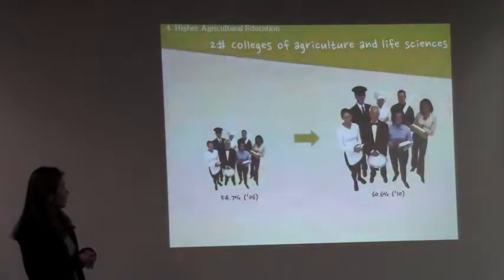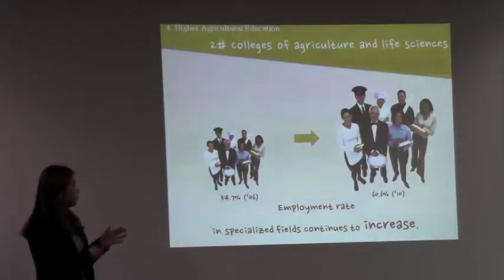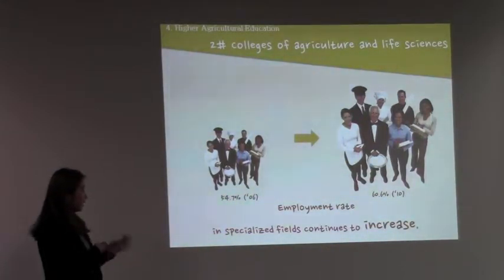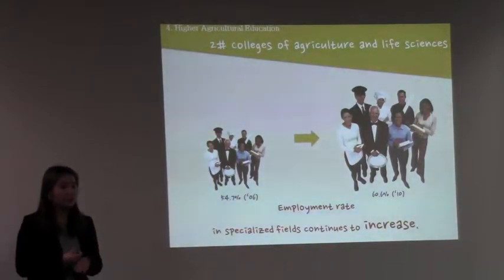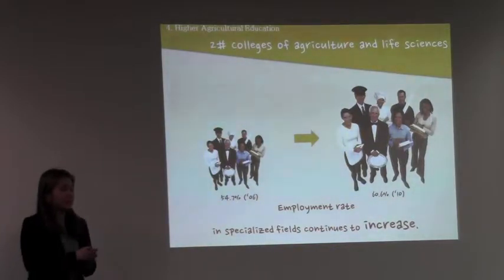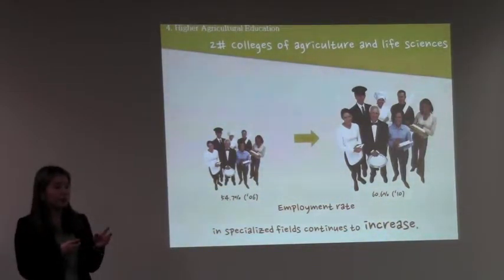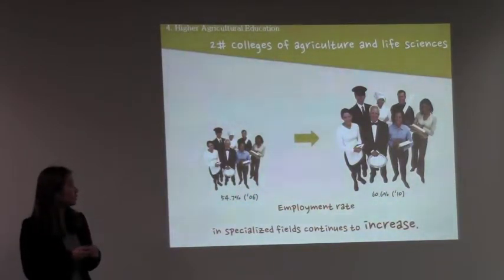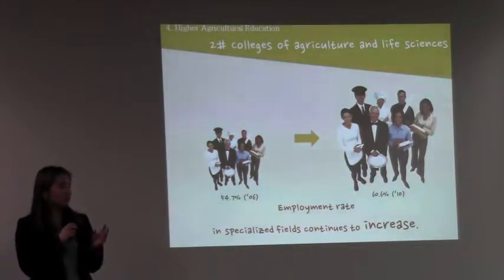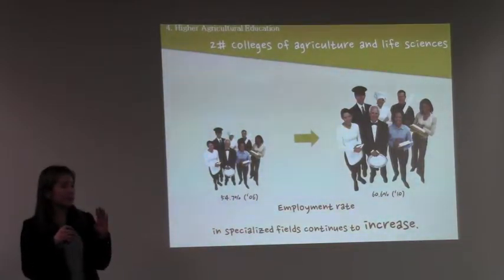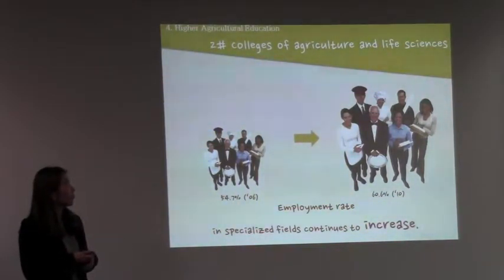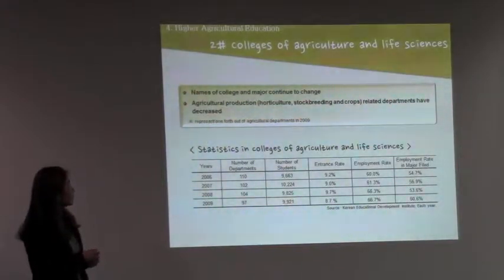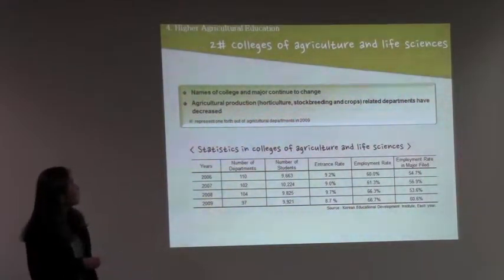And the employment rate in specialized fields continues to increase, but this rate consists not of traditional agriculture employment but of fields like biotechnology or environmental technology. So the traditional agriculture employment rate is decreasing. You can see in detail.